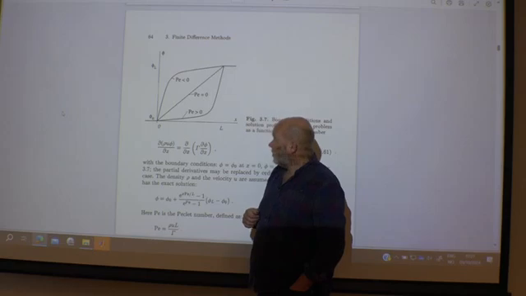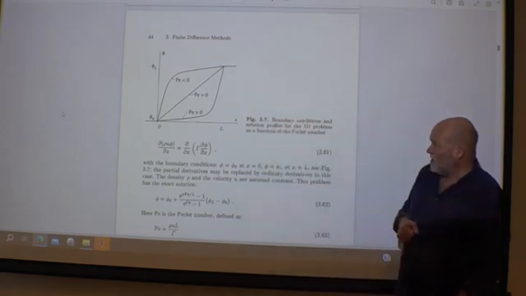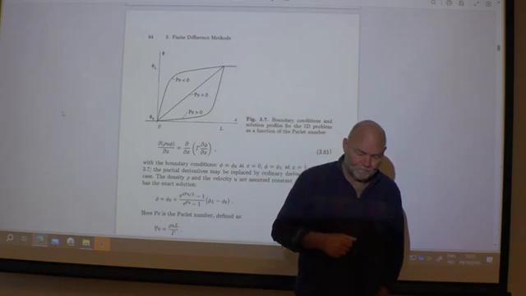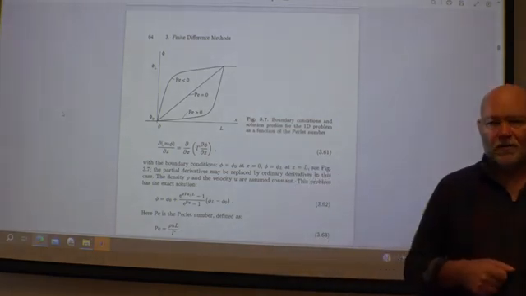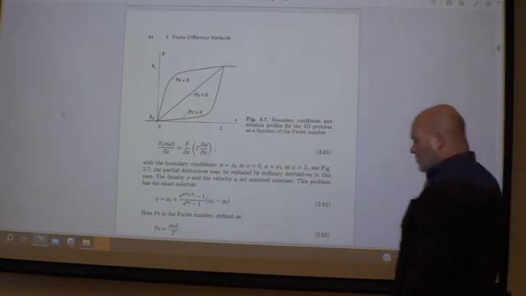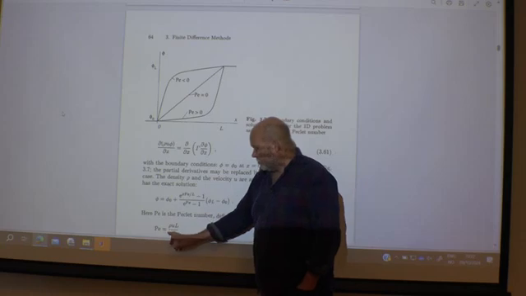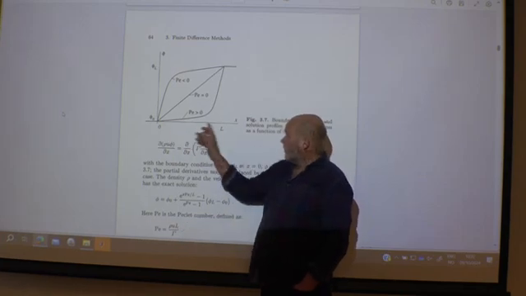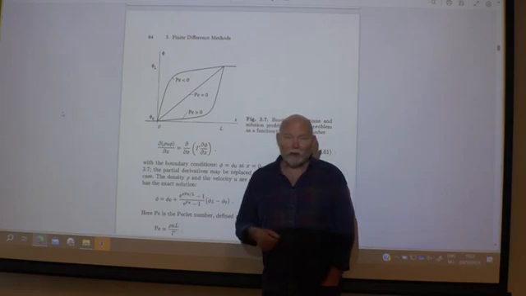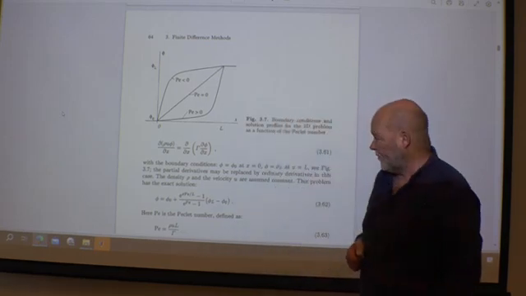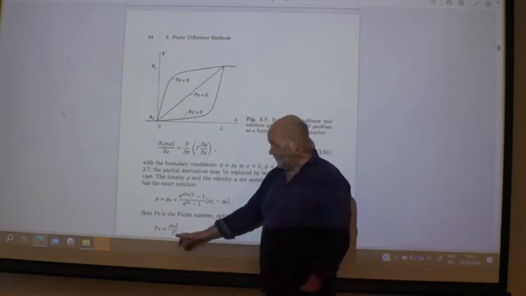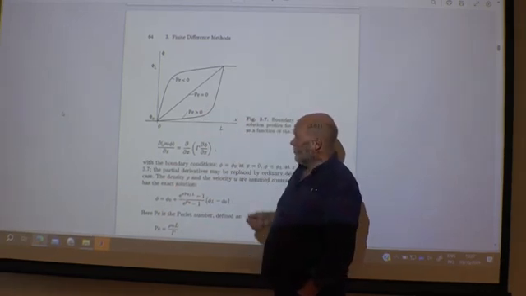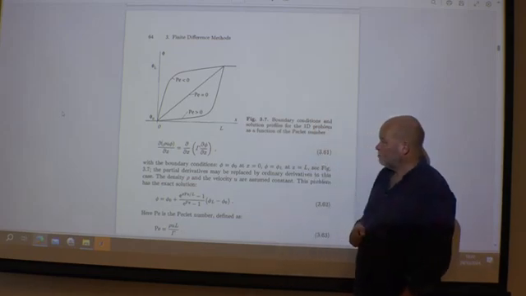But since they have kept it this generic way, they're operating with something called a Peclet number. Now you can just as well exchange that one with the Reynolds number. You see the Peclet number is non-dimensionalized density, velocity, and length, the length of our problem in the x direction, divided by this diffusion constant. And yes, if the diffusion constant is the viscosity, then you see this as a Reynolds number. So you can think of the Peclet number as just the bulk Reynolds number.